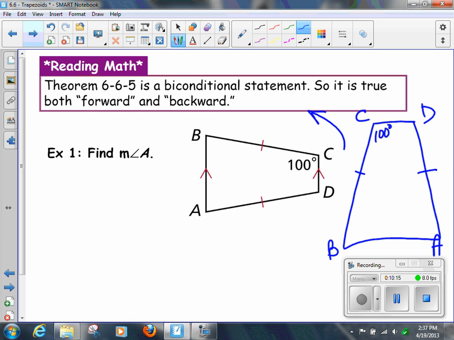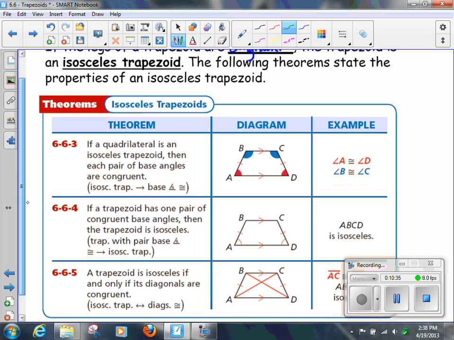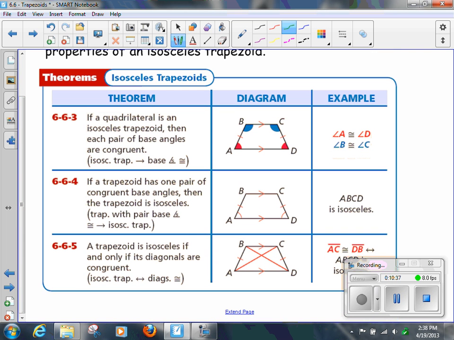Is this an isosceles trapezoid? Yes or no? How do you know? Both of these legs are congruent. They're marked for me. If this angle C is 100, go back and read it again. D is going to be 100. Look at this. It says if a quadrilateral is an isosceles trapezoid, then each pair of base angles are congruent.